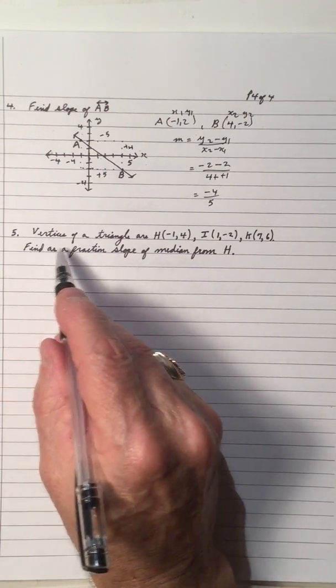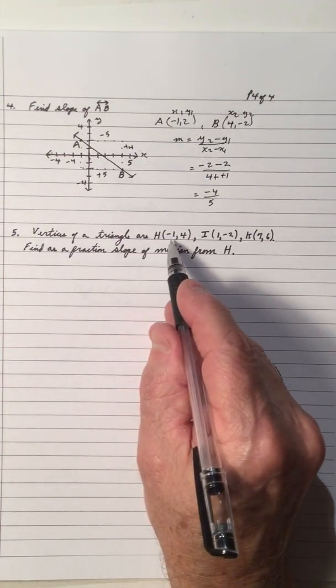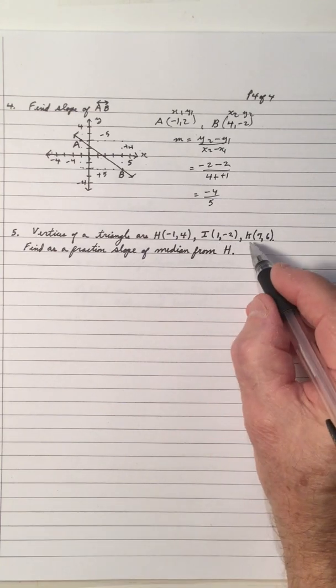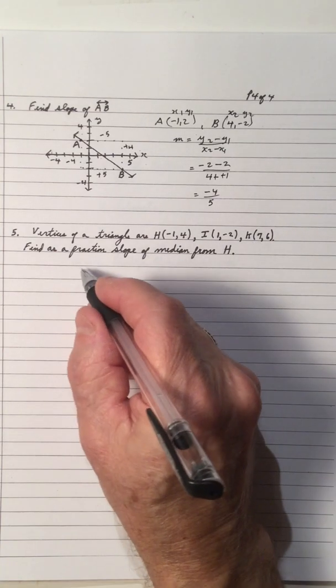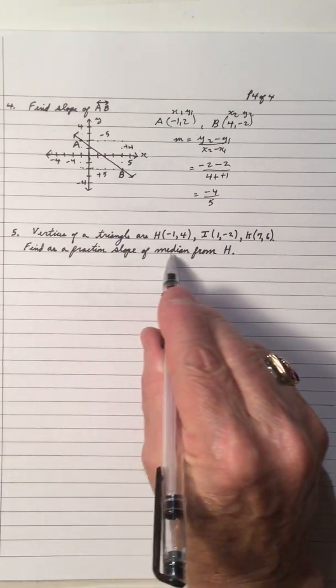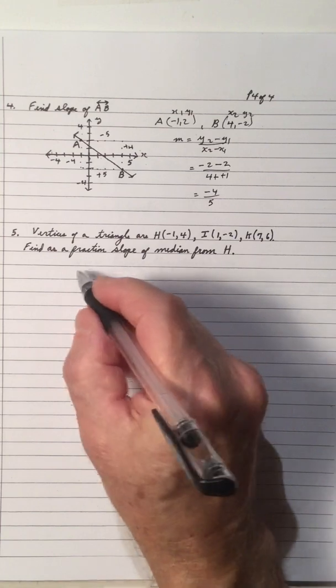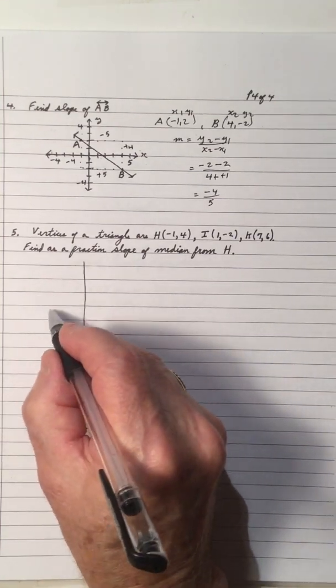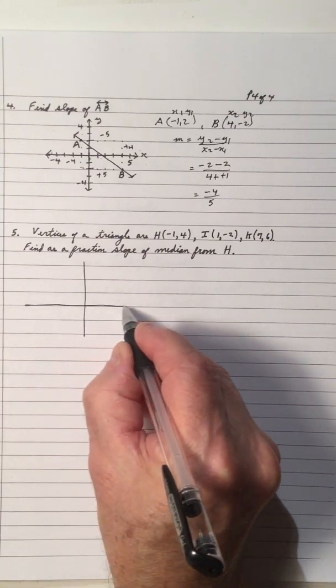Number 5, the vertices of a triangle: H is negative 1, 4, I is 1, negative 2, K is 7, 6. Find, as a fraction, the slope of the median from H. We'll just have a look at it first. Let's make a little graph of this and see what happens.